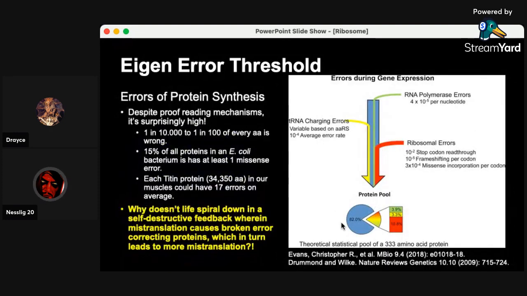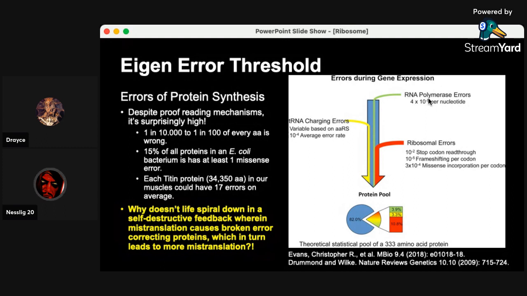But related to this Eigen threshold is the error rate of protein synthesis. We are often familiar with mutations. If your DNA gets replicated, and there's sometimes an error, you inherit mutations. But there's also an error rate when it comes to protein synthesis, which gets less attention, where you can have errors in transcription and translation.